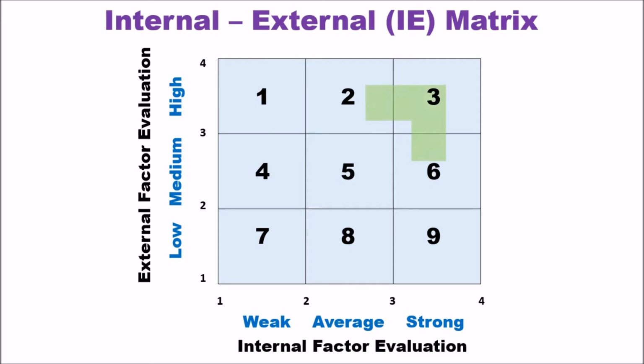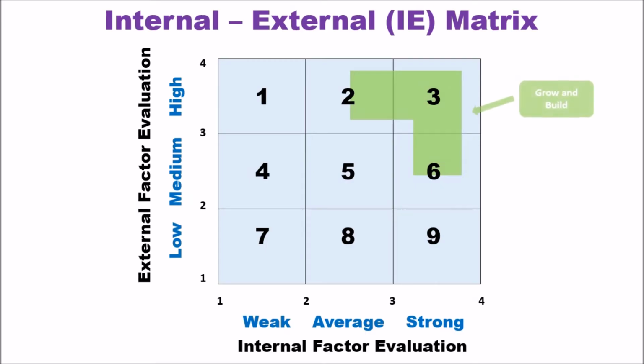Let's assume your internal factor evaluation is on the medium to higher side, and your external factor evaluation is medium to higher side. That would be your boxes 2, 3, and 6. They are labeled in green.